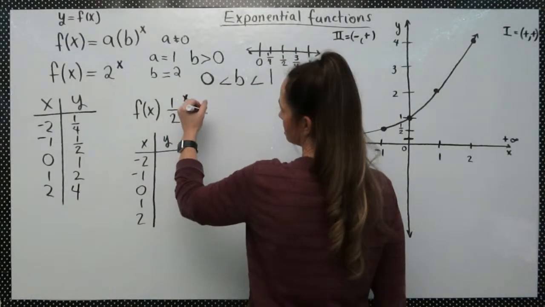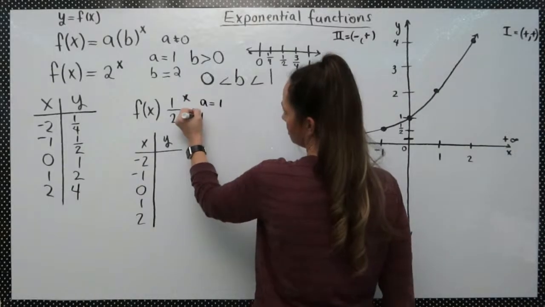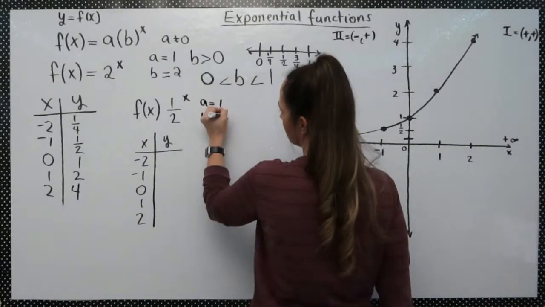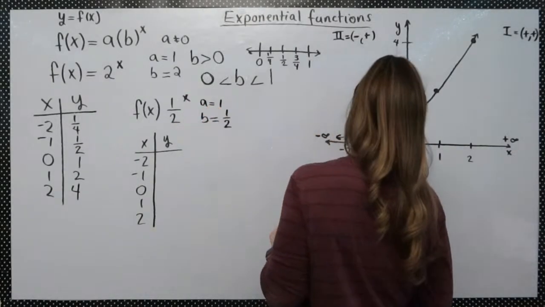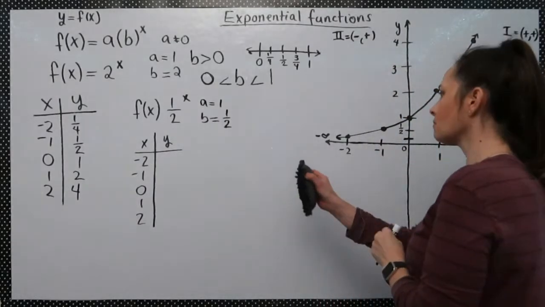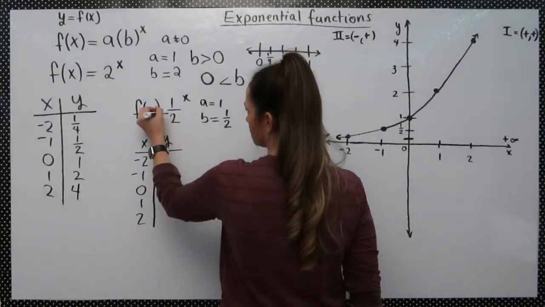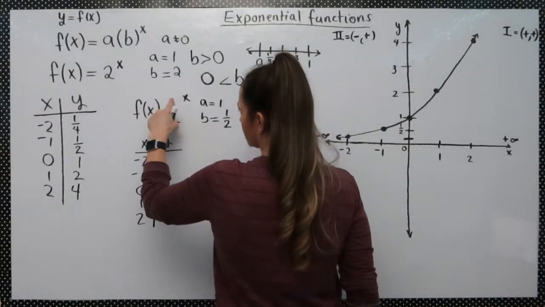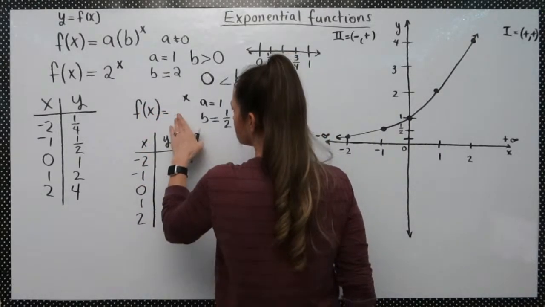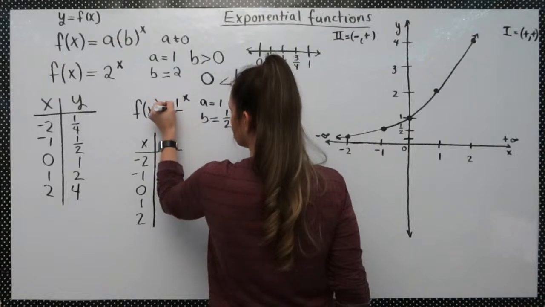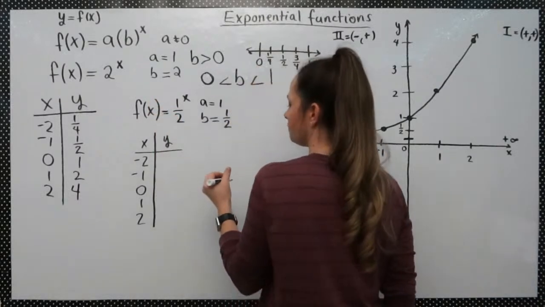So in this case, a equals 1 and b is going to equal 1/2. Your base is 1/2. And so we've got f of x equals (1/2)^x. Okay.